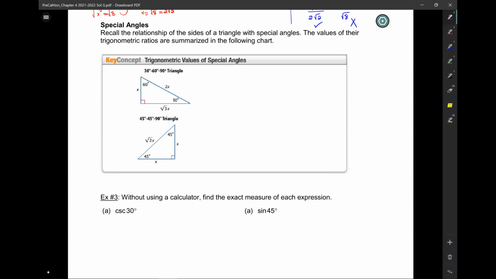Special triangles. So you know that there are two special triangles, right? The right triangles, the 30, 60, 90, and the 45, 45, 90. Since we've been talking about ratios of sides, now you know that trigonometry is basically just comparing sides. In a 30, 60, 90 triangle, how many different sizes of angles are there? 3.